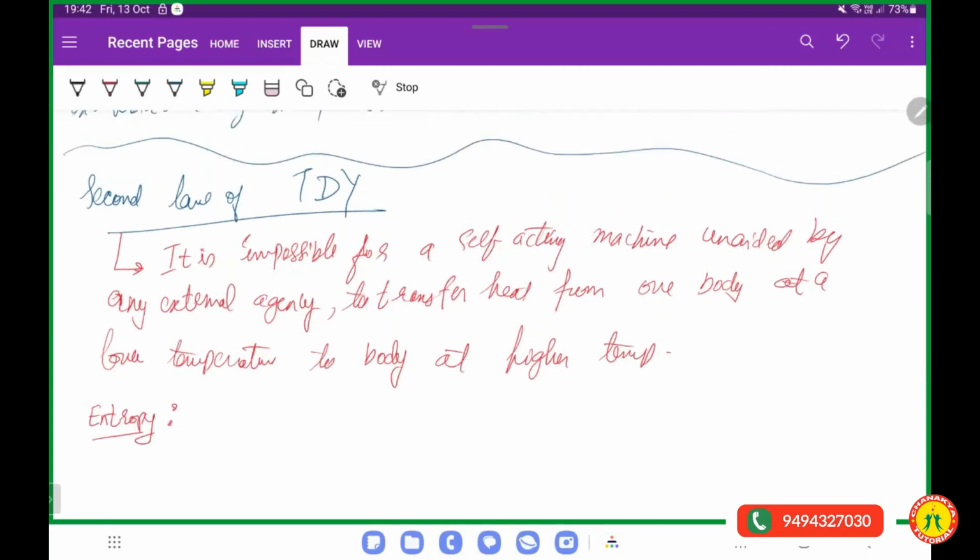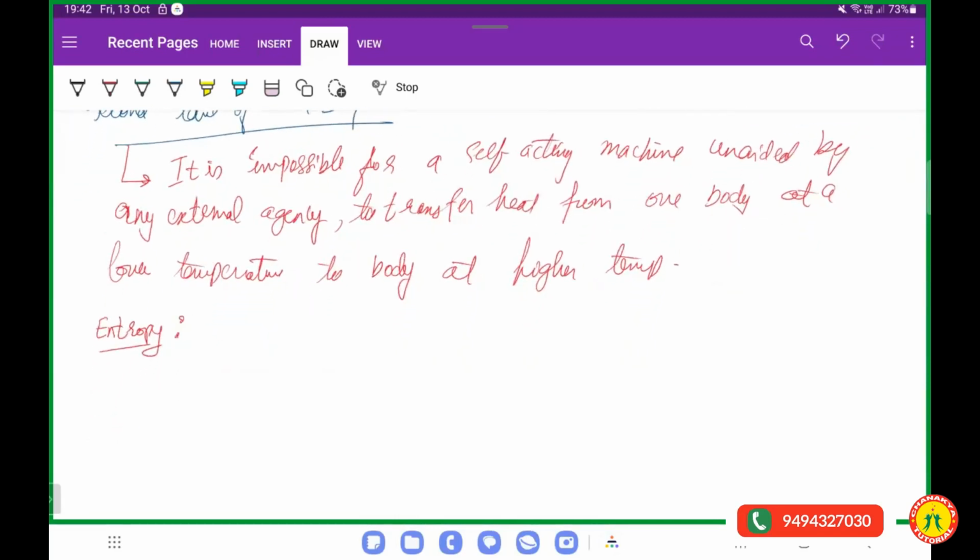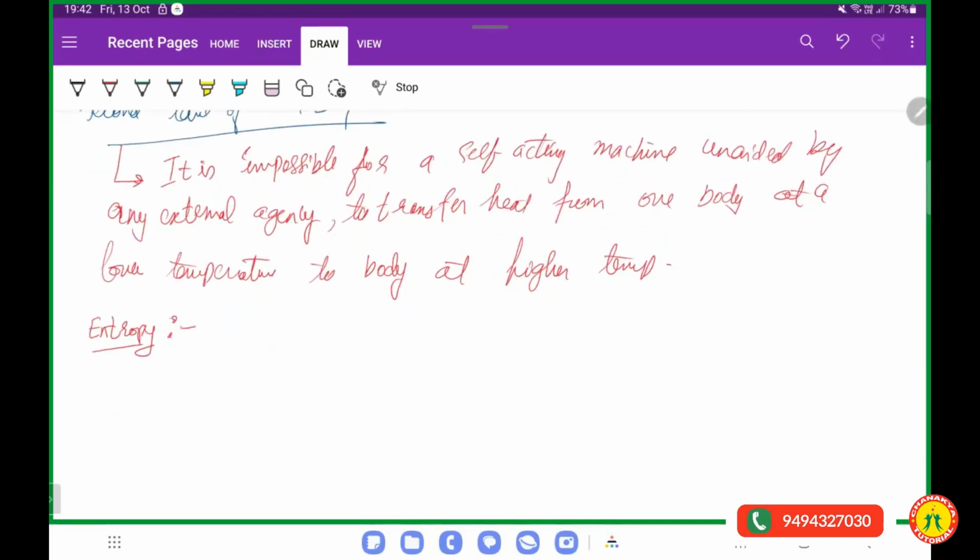Can you write it down in this second law? Okay, so let's understand entropy. This is the most confusing term in thermodynamics. I'll give the first statement, then we'll make it a simple understanding as per my thinking.